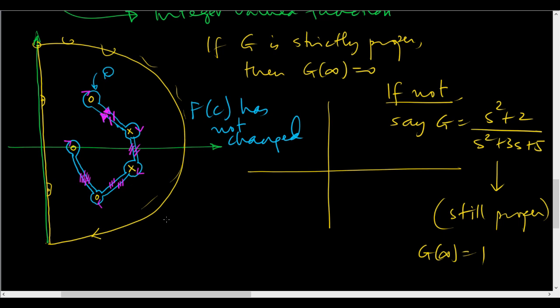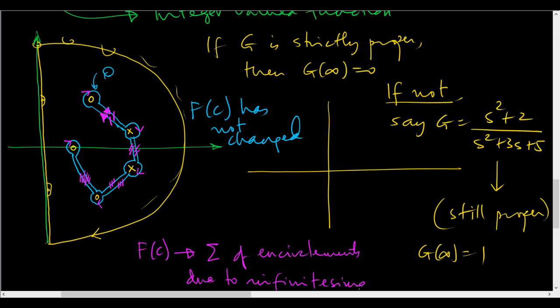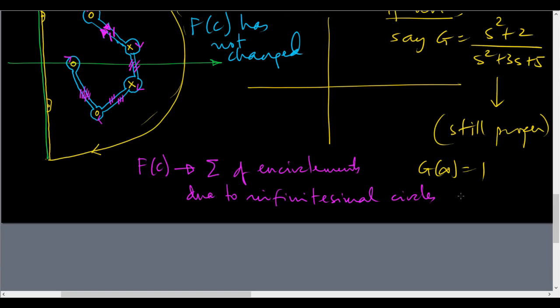And therefore f of C is basically the sum of encirclements due to infinitesimal circles around each right half plane 0 and pole. Very good. So this is what we have to understand now.